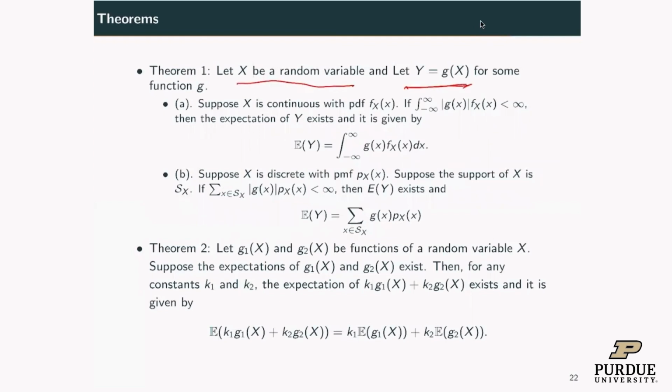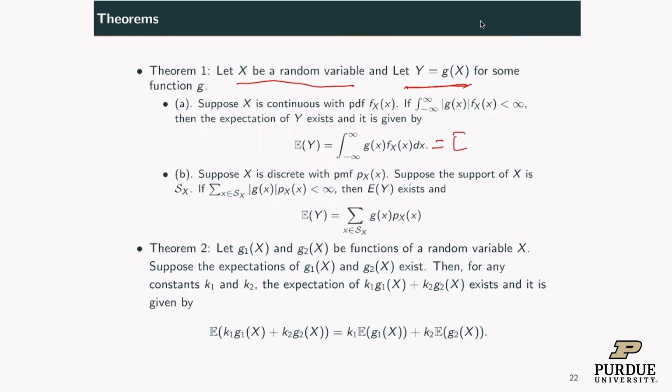Y is a transformation. Now, how to calculate the expected value of y? There are 2 strategies. For example, I can get the distribution of y first, then apply the definition of expectation. So this theorem tells you that that's not necessary. You can calculate the expected value of the transformation directly.